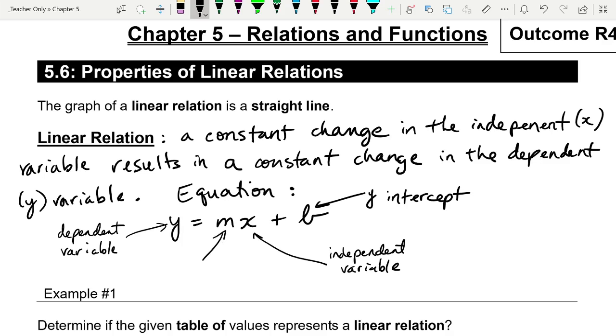I mean the rate of change, which is a constant rise over run. Okay? There we go. I love the way we're bringing the grade 9 stuff together here with the grade 10 stuff.